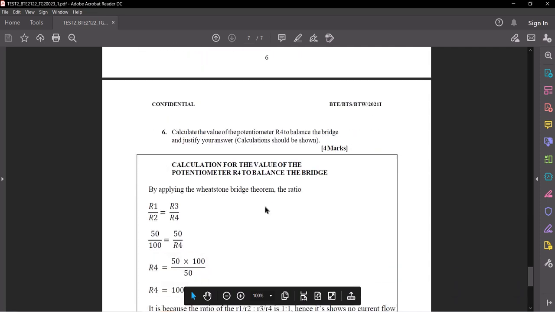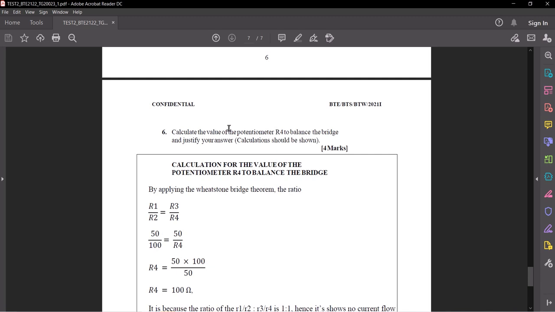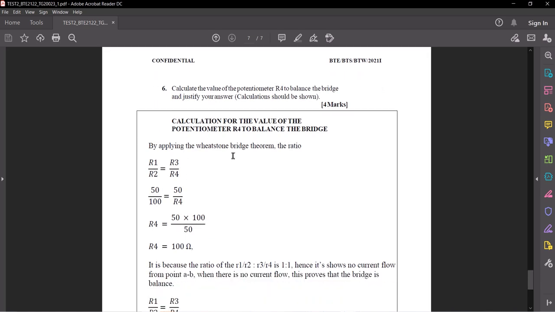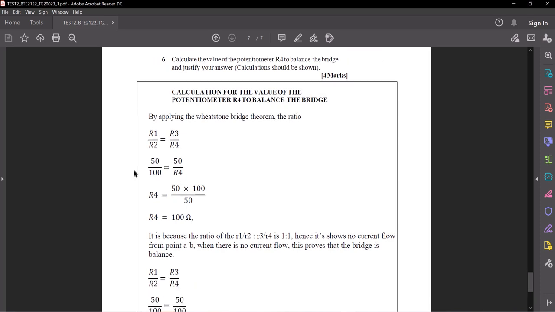Okay, so number 6, calculate the value of the potentiometer R4 to balance the bridge and justify your answer. So now, by applying the Wheatstone bridge theorem, the ratio R1 over R2 is equal to R3 over R4. Here, R1 is 50 ohm, R2 is 100, R3 is 50, and R4 we need to find.